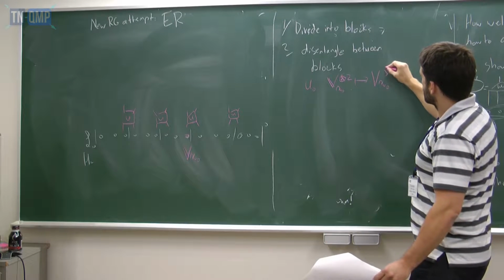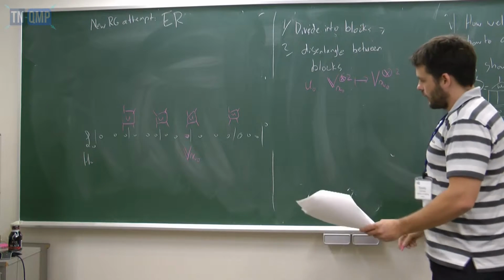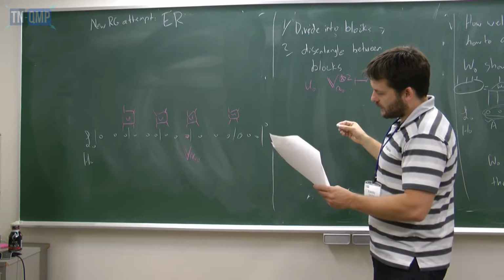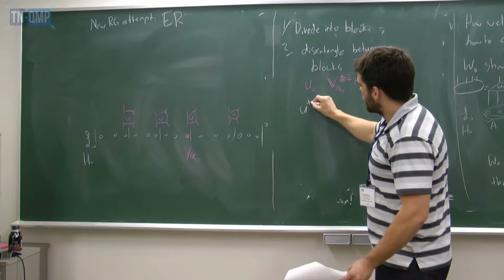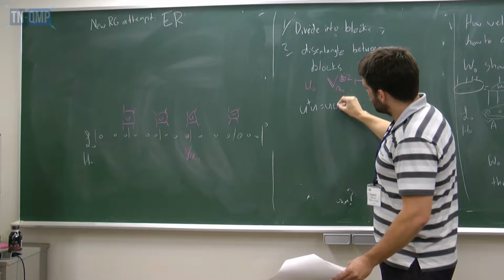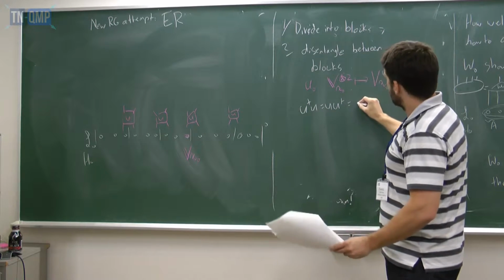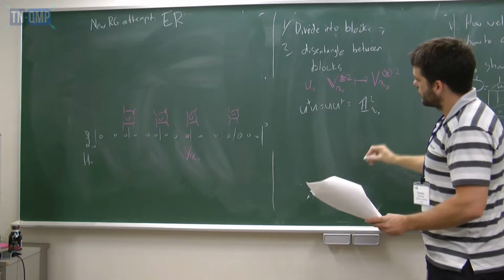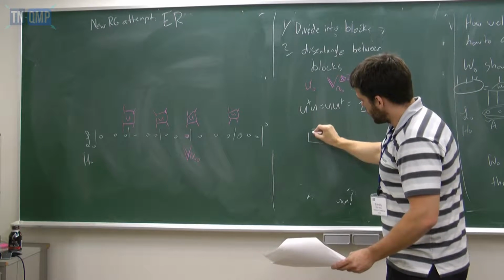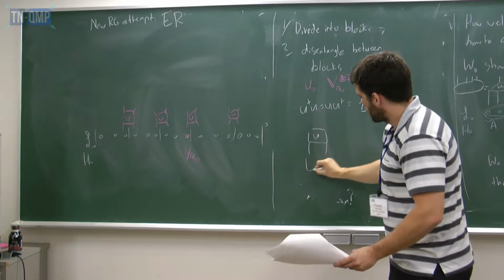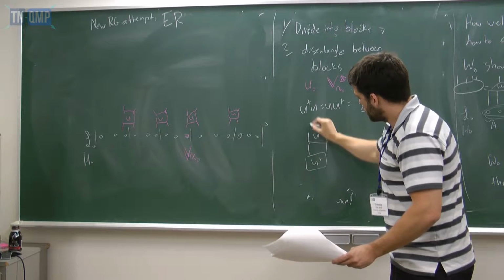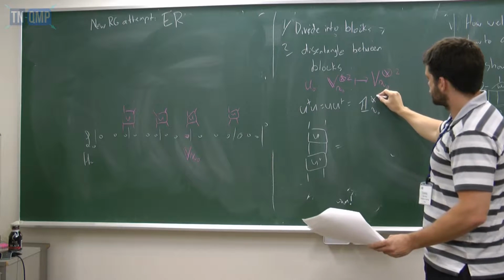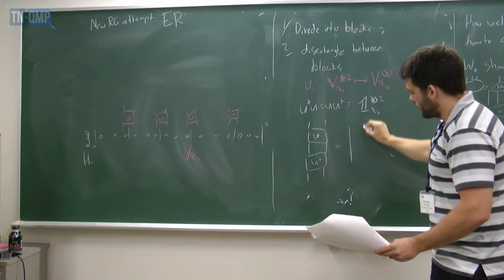It's a unitary mapping, so U dagger U equals U U dagger equals identity on chi naught squared. Graphically we would draw this as U U dagger equals 2 copies of the identity.